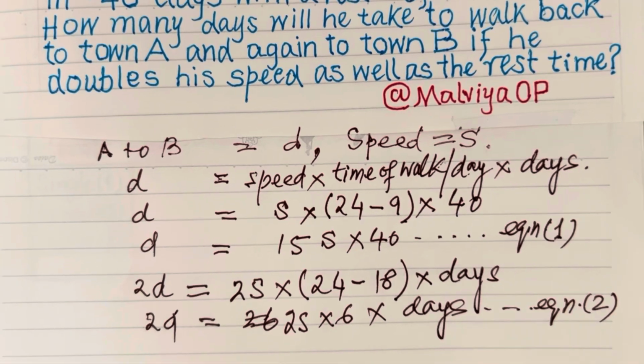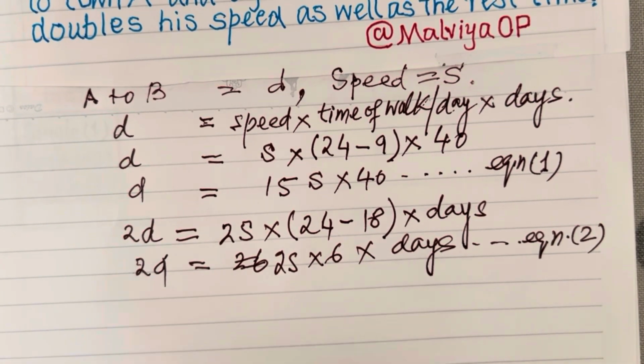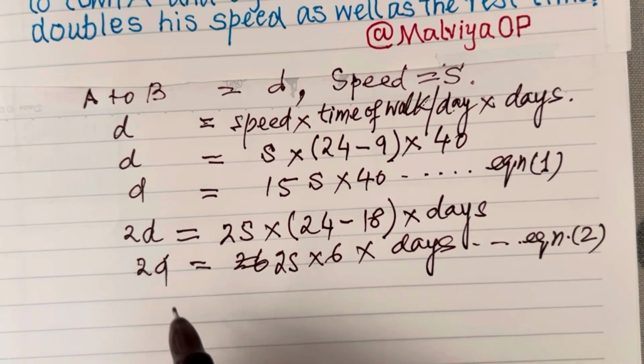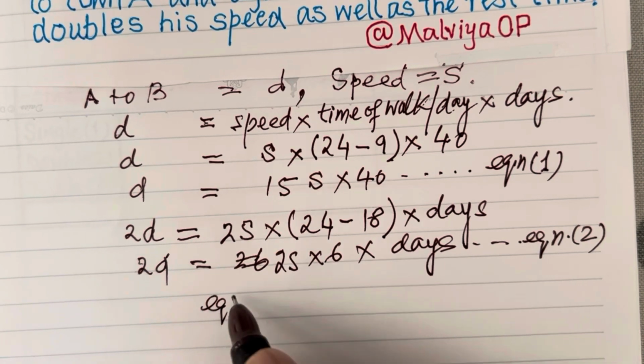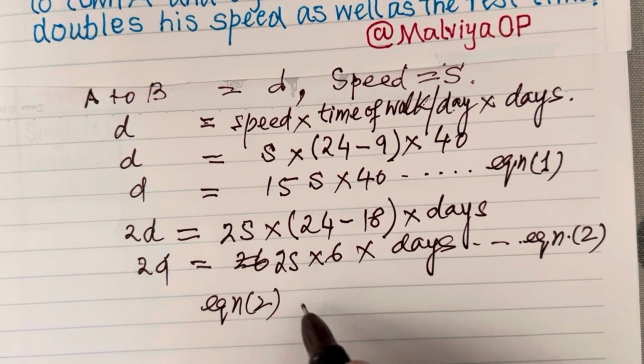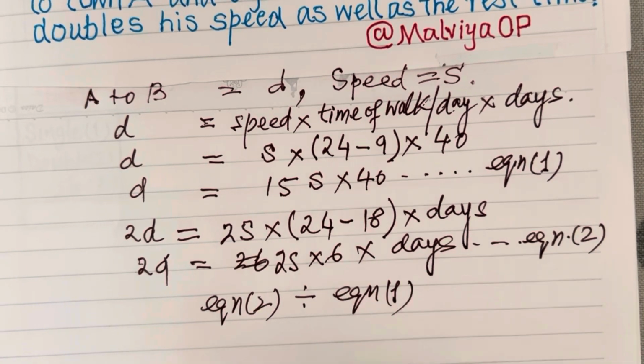Now let us divide equation number 2 by equation number 1. Equation 2 is divided by equation number 1.